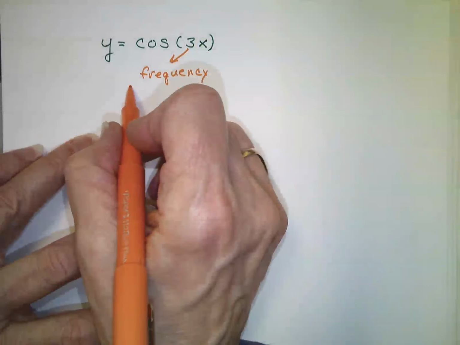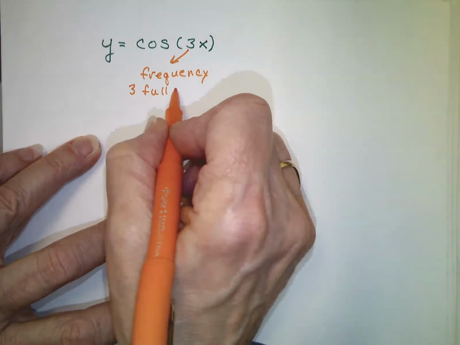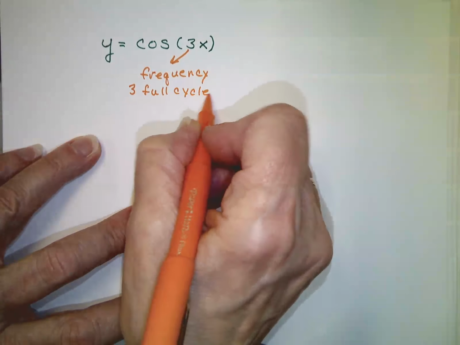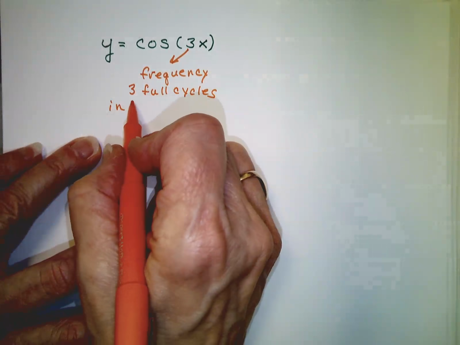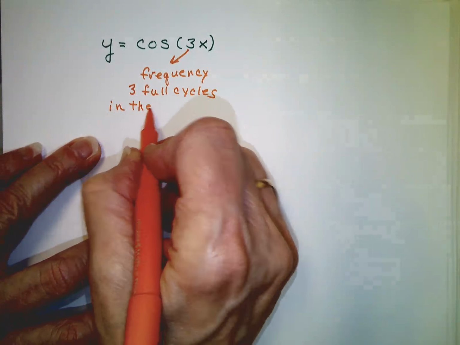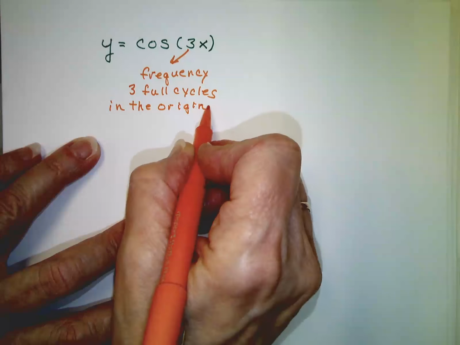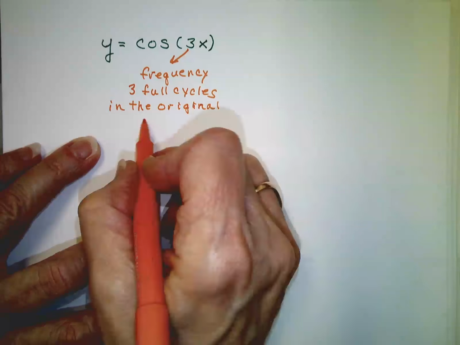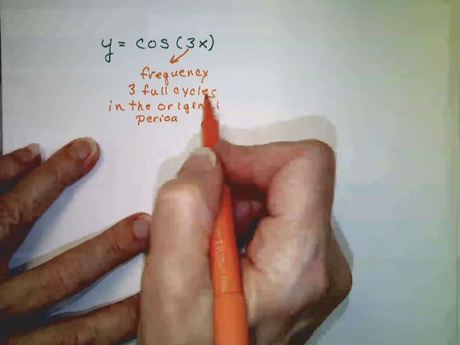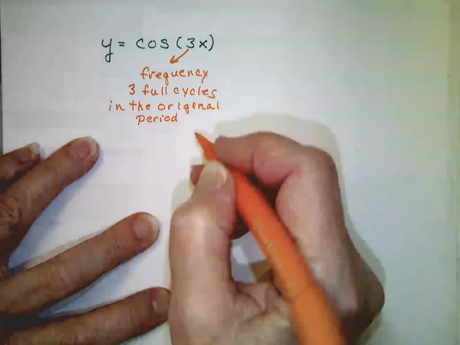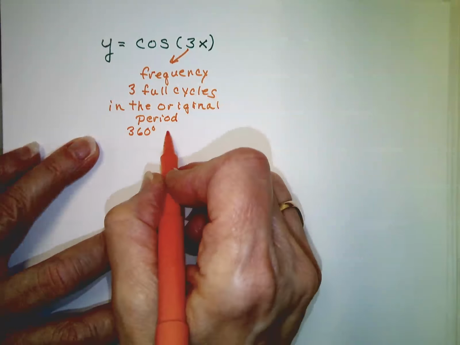For this particular one, it says that there will be 3 full cycles in the original period. And as I'm sure you recall, for the cosine and sine functions, the original period was either 360 or 2 pi.